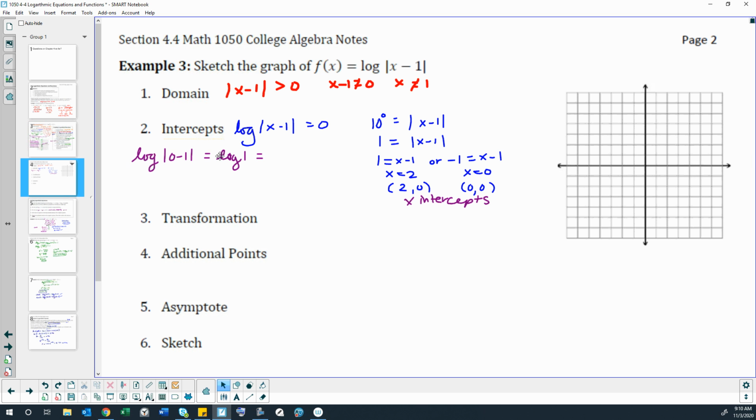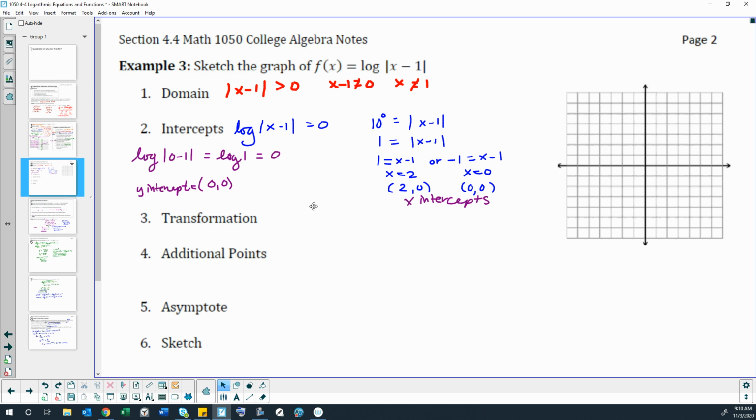So 0 minus 1 gives us the log of the absolute value of negative 1, or the log of 1. So that's log base 10 of 1. It doesn't matter what the base is, because anytime you take the log of 1, the answer is 0, because anything to the 0 power is 1. So that confirms that our y-intercept is at 0, 0, which we already knew because we had an x-intercept there.